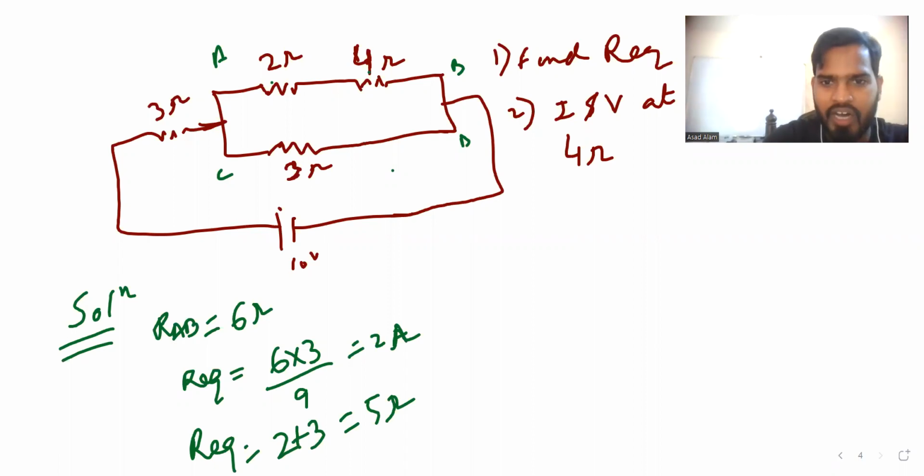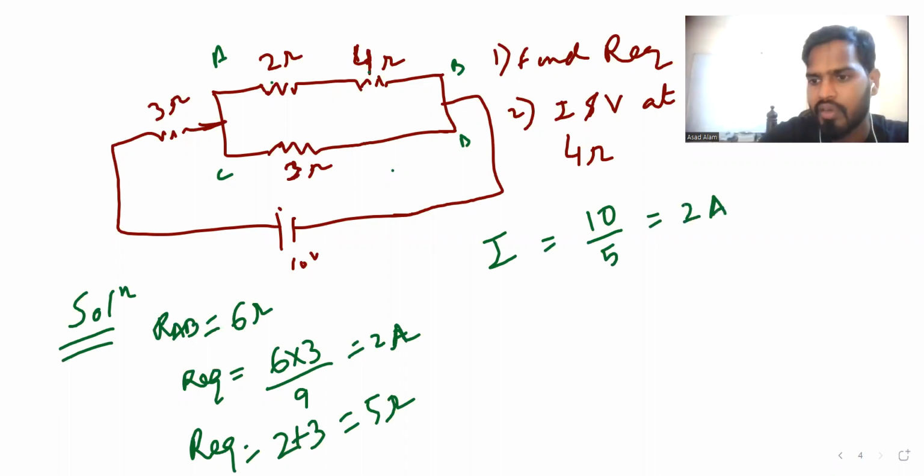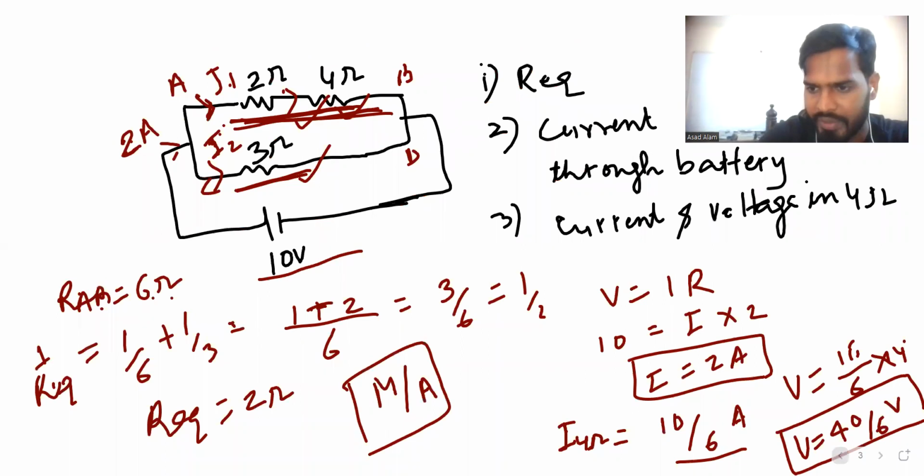5 ohm. So let's find current through the battery. Current I through the battery is I is equal to V by R. V is how much, guys? 10 by 5. So current is going to be 2 ampere. Current through the battery. Here we did correct only, no?